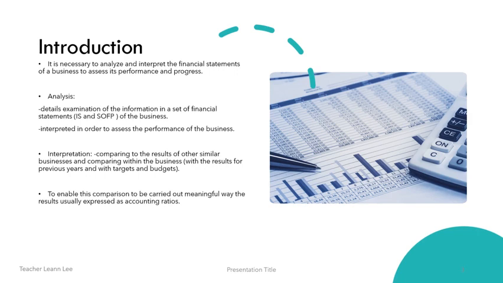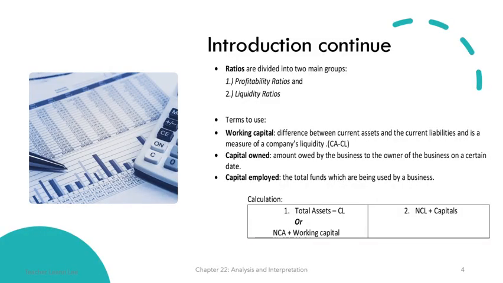To enable this comparison to be carried out in a meaningful way, the result is usually expressed as an accounting ratio. Only accounting ratios will give you a more precise analysis. Two main groups of ratios we are going to discuss are the profitability and liquidity ratios. There are three profitability ratios: ROCE, gross margin ratio and profit margin ratio.